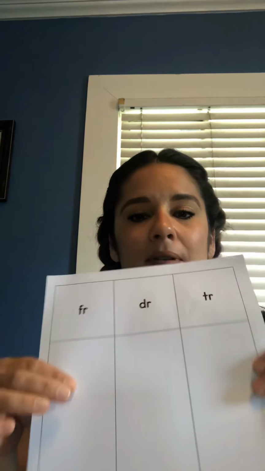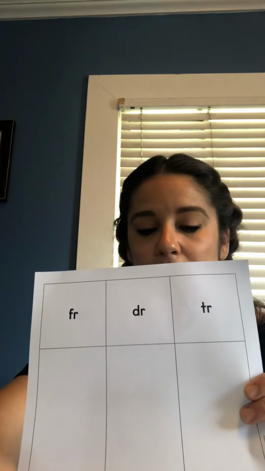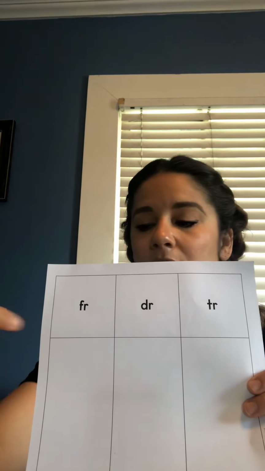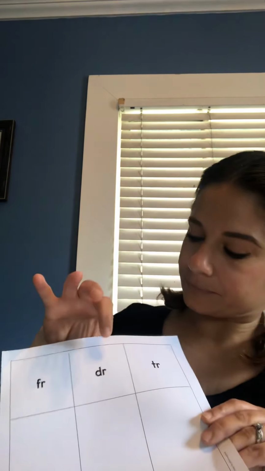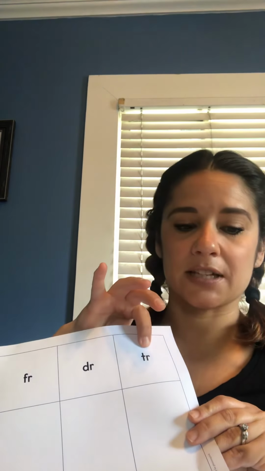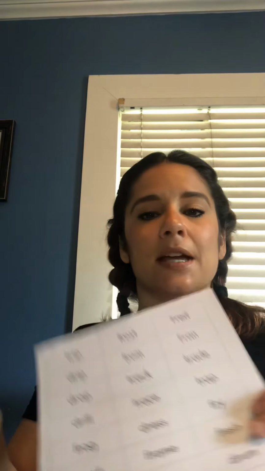All you have to do is get a blank piece of paper and you can copy it just like this. Draw 2 lines down the middle, 1 across, and write your FR, your DR, and your TR. Okay? And you can just go directly on the computer and use these words and write them in. You do not have to have a printer to do this assignment.